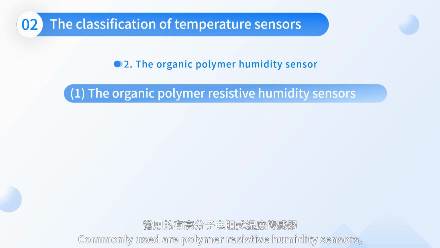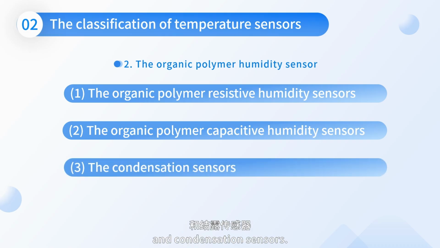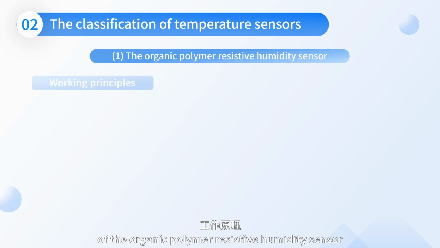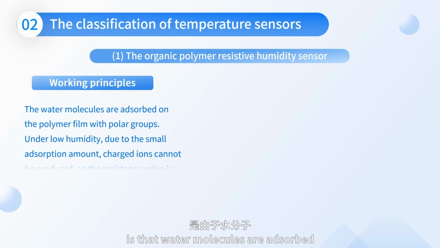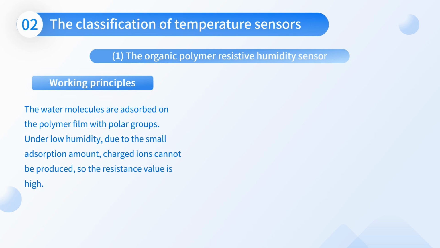Commonly used are polymer-resistive humidity sensors, polymer capacitive humidity sensors, and condensation sensors. The working principle of the organic polymer resistive humidity sensor is that water molecules are adsorbed on the polymer film with polar groups. Under low humidity, due to the small adsorption amount, charged ions cannot be produced, so the resistance value is high.